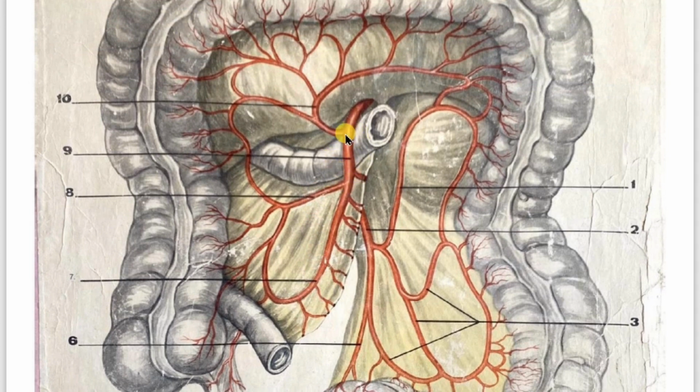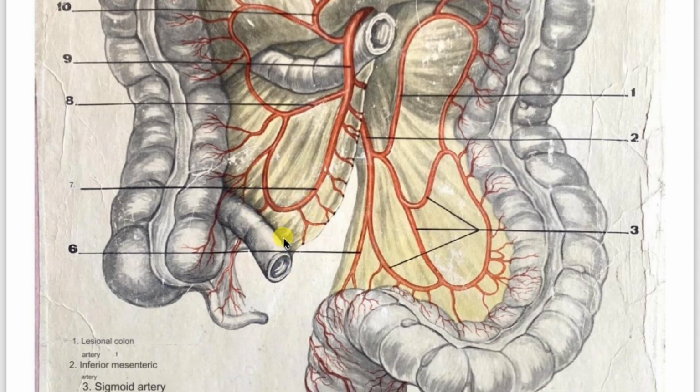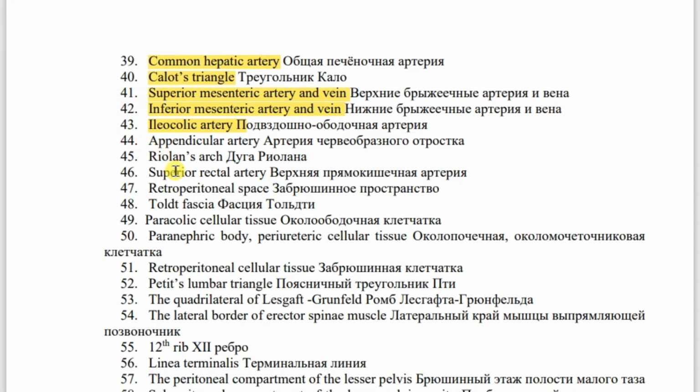This is the superior mesenteric artery, so this is its inferior branch, which is called the ileocolic artery. It supplies the distal part of the ileum, the cecum, the vermiform appendix, and the proximal ascending colon. Okay, so next we have the appendicular artery.